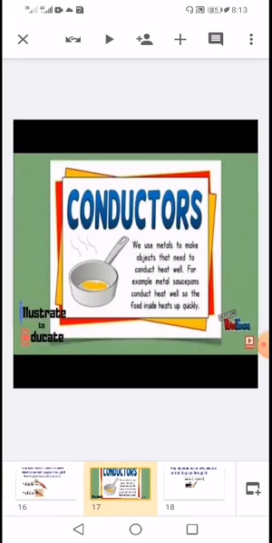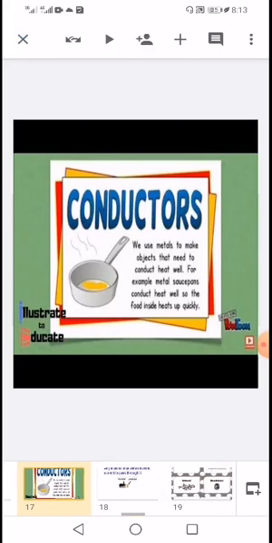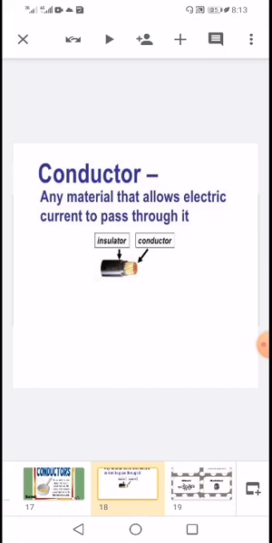Next are the conductors. Materials which allow heat and electric current to pass through them are called conductors. Okay, an example is all the kitchen cutlery sets used for cooking food. They are called conductors because they allow heat.